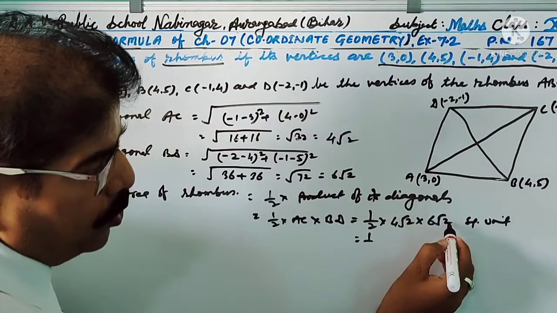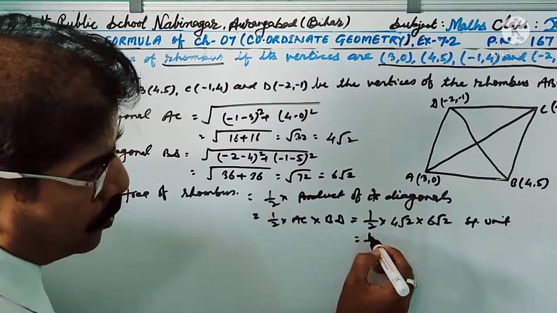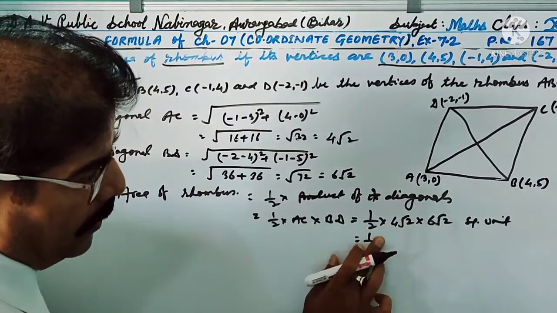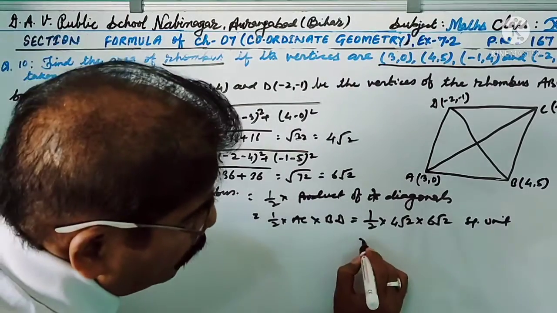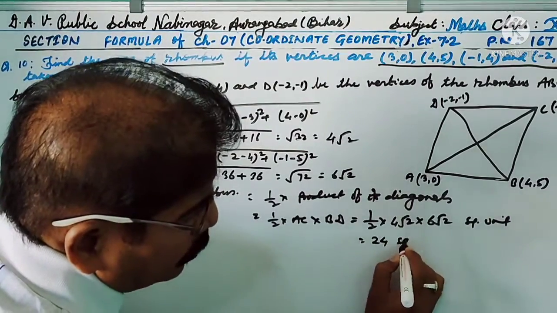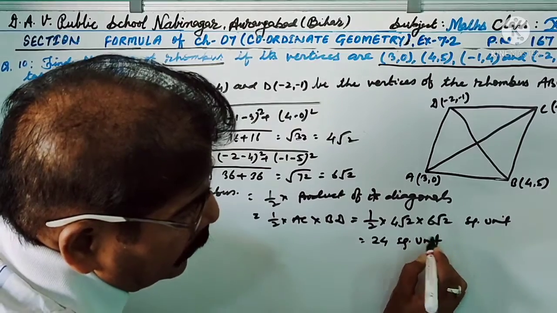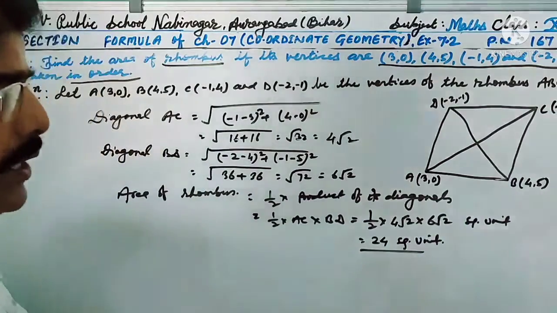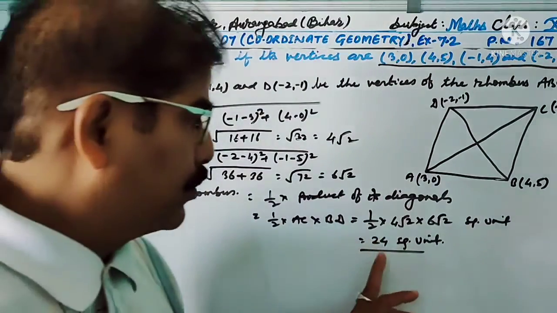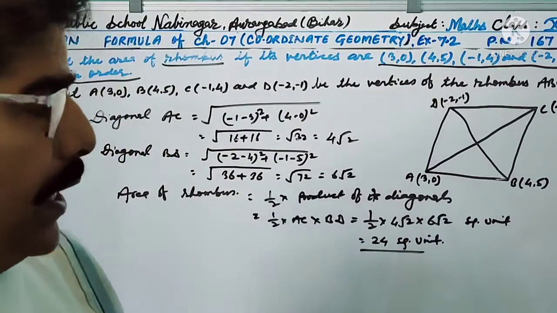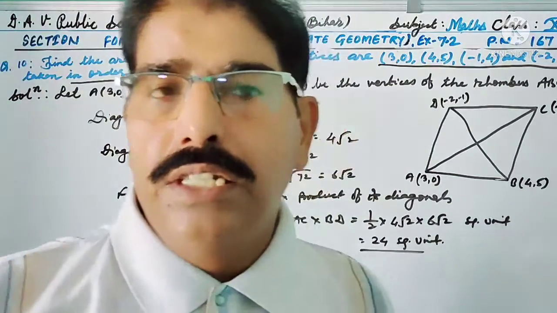So root 2 into root 2, the 2s cancel, 4 times 6 are 24 square units. So dear students, the area of the rhombus equals 24 square units.